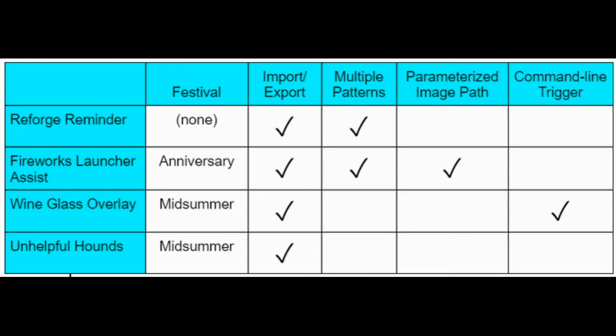And rather than have a number of different alerts to do that, in addition to defining multiple patterns for the alert, which is the feature I mentioned previously, it also makes use of another feature, which is the parameterized image file path. So what does that mean?